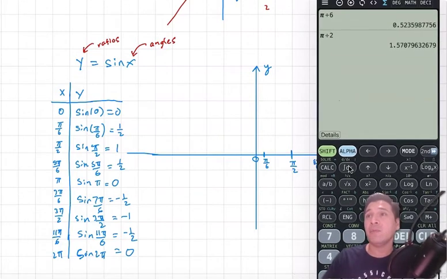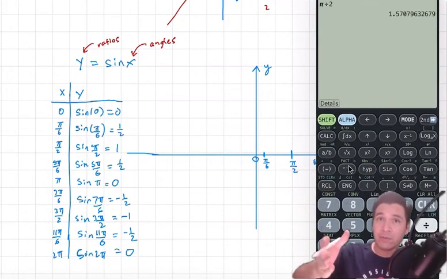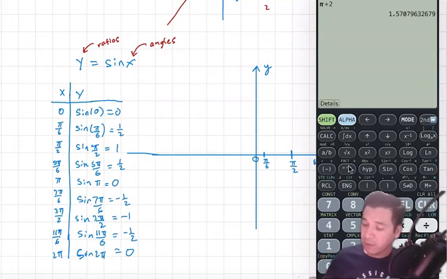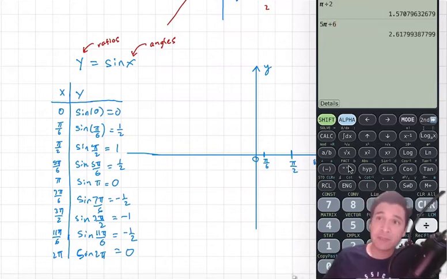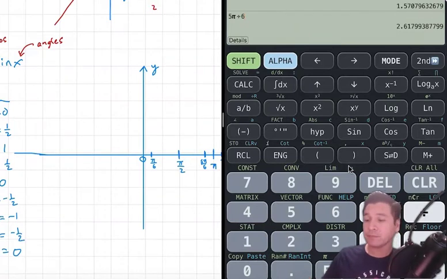Now it's at 1.57, which in terms of 0, 1, 2, 3, would be the decimal 1.570. And if I did 5 pi divided by 6, 2.61. I'm showing you that because that would be the next number plotted there on the x-axis.